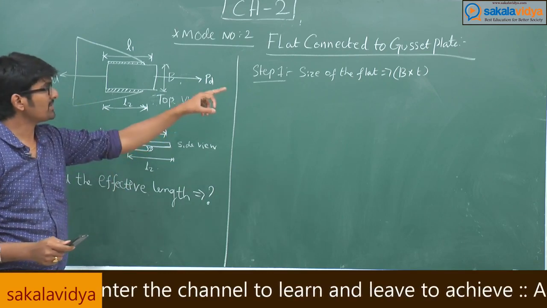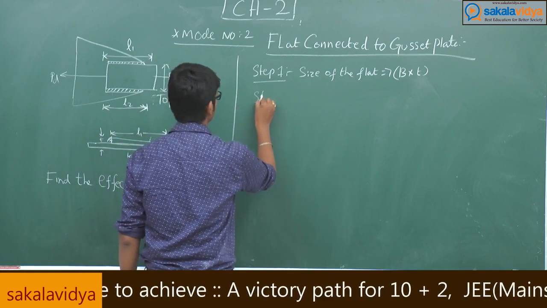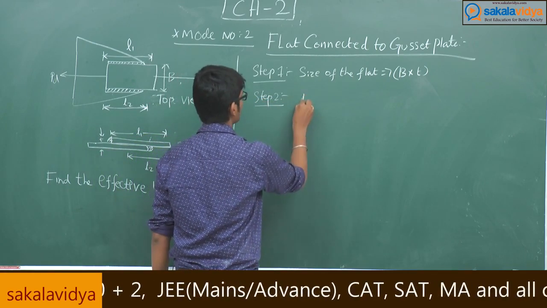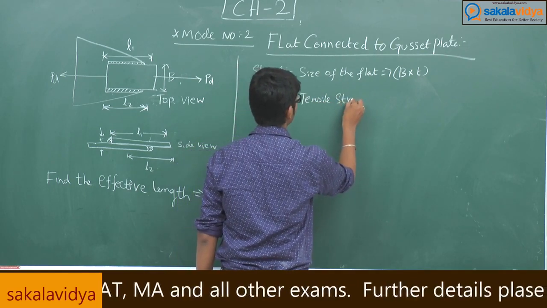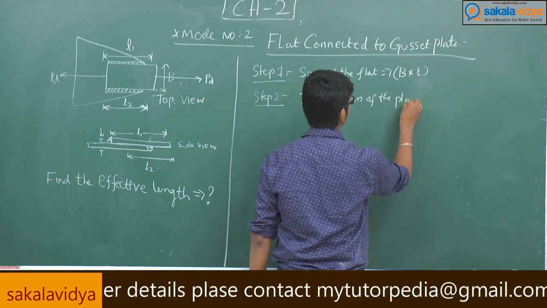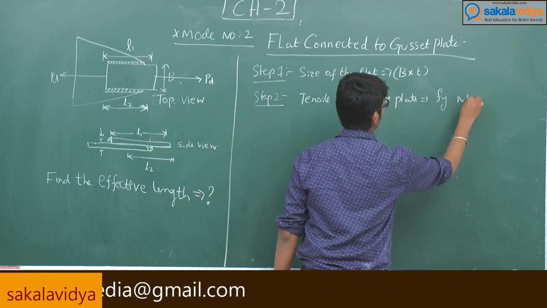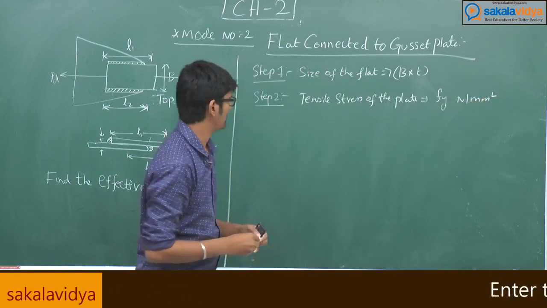So B into T is the size of the plate. Step 2, tensile strength of the plate, that is the tensile stress of the plate, Fy Newton per mm square or Newton per meter square. This will be given in the question.